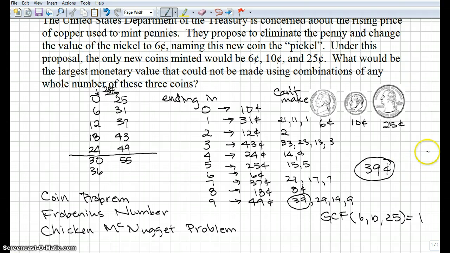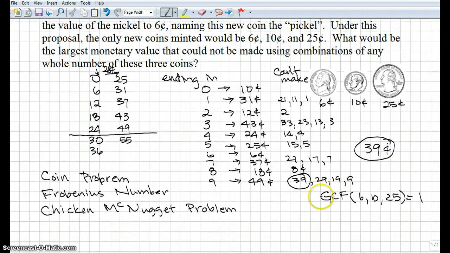I wanted to have you think about one more thing. What if we wanted $1? Okay, we want $1.01. And we're going to assume we're only dealing with the coins here, and there's still bills being produced. So that hasn't stopped. But the thing is, we could actually make $1 with these coins, 6, 10, and 25. We just can't use a dollar bill. What would we have to do to make $1?